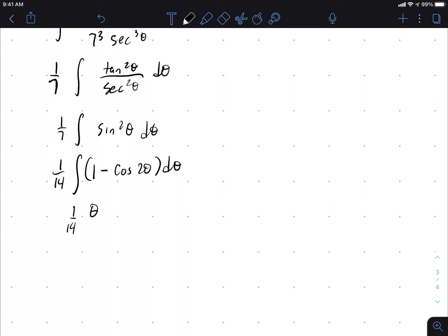Agreed. So the integral of cosine is going to be 1/4. The 2 is going to go to the denominator, so I should get 1/28 sine 2 theta plus some constant, correct? Correct.